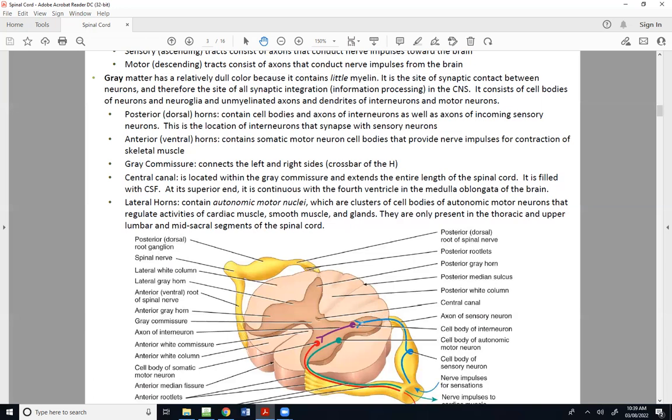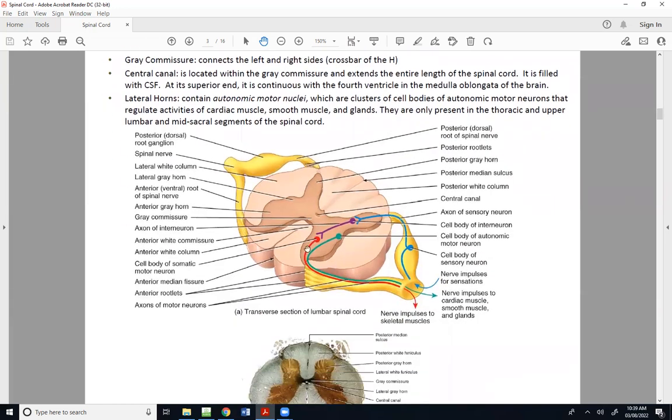Those signals are coming into the posterior horns. Whereas the anterior horn on the other side, this is where you find the cell bodies and the beginning of axons that are carrying signals out for motor neurons. So the anterior or ventral horns contain somatic motor neuron cell bodies providing nerve impulses that enable our muscles to contract. If this is what we're looking at right here, this red neuron, it's going to travel out to our skeletal muscles.